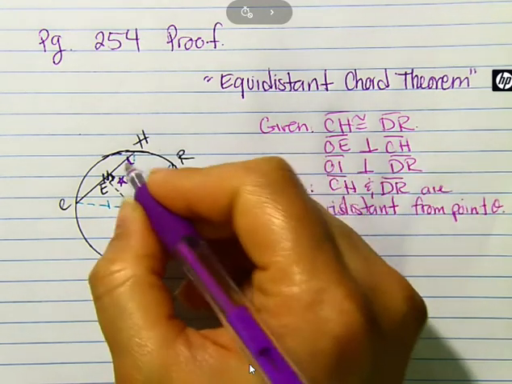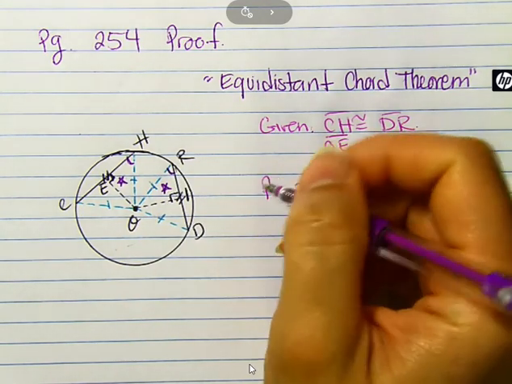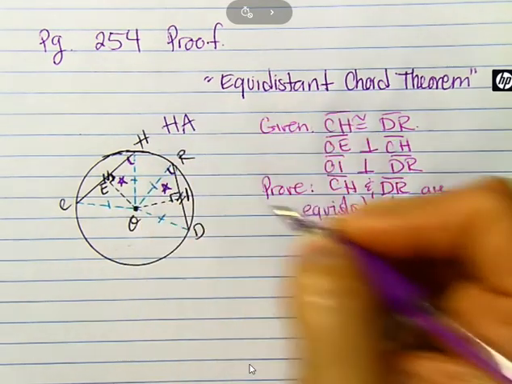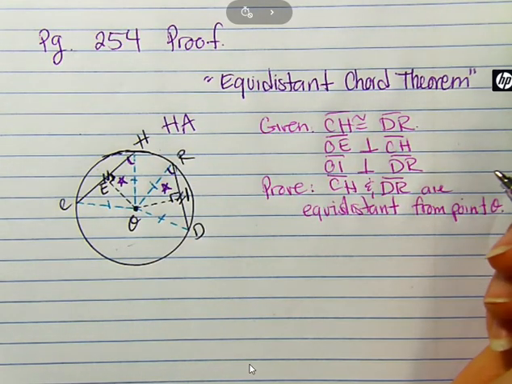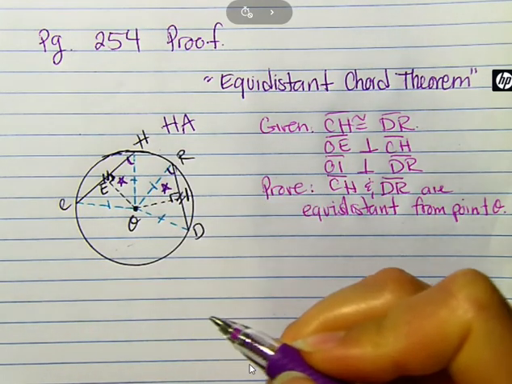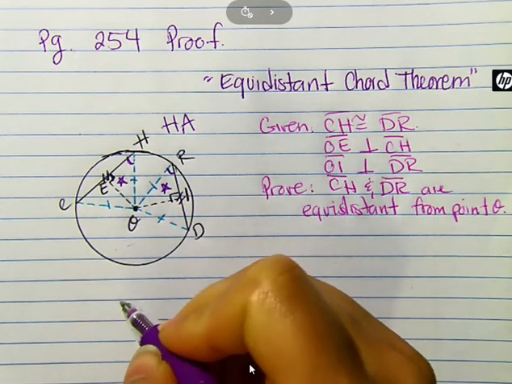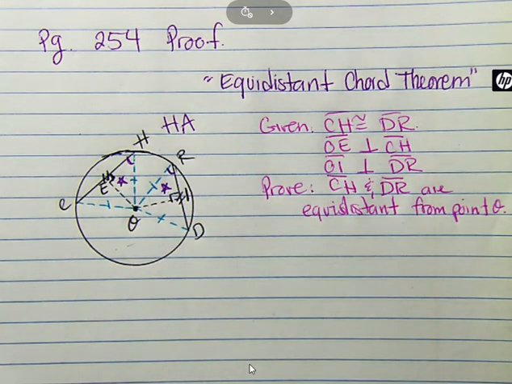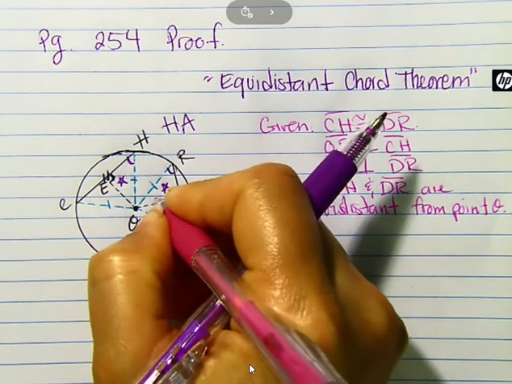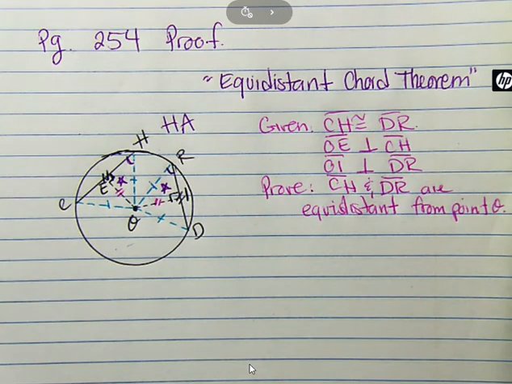Now that these two triangles have a hypotenuse and an angle, I'm going to use the hypotenuse-angle right triangle congruence theorem, which allows me to say these two triangles marked with a star are now congruent. Since these two triangles are congruent, then I can add that by CPCTC, these two dashed perpendicular segments are congruent as well.